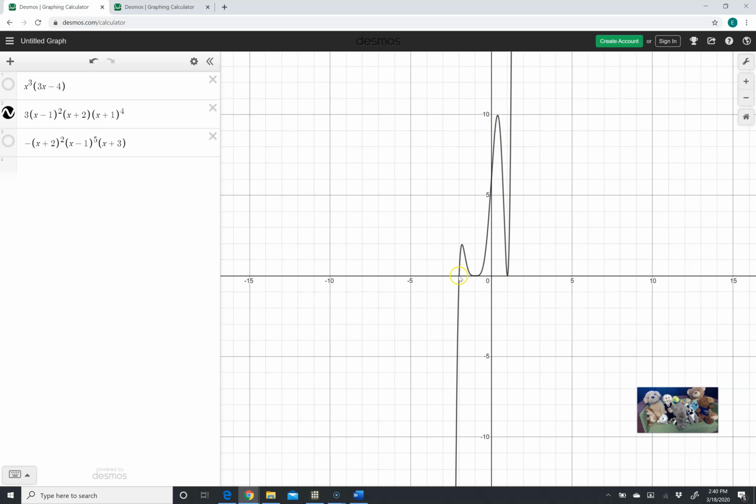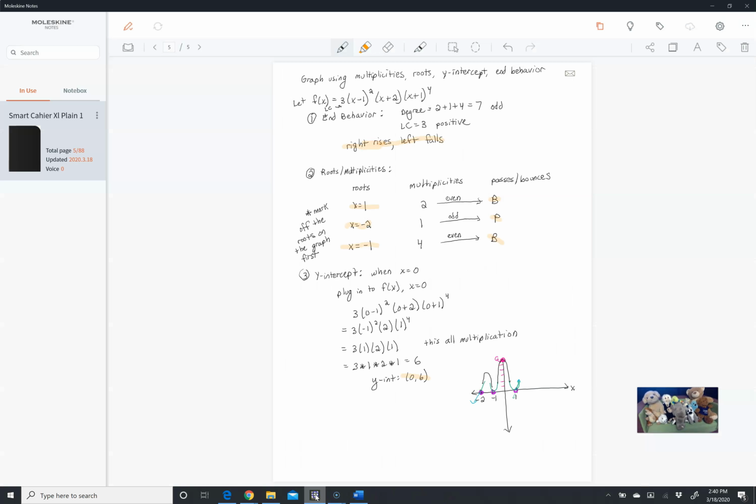We know that it had to turn around between -2 and -1. At -2 we passed through, at -1 we bounced, and at 1 we bounced. And we go off to positive infinity and negative infinity. So notice in the little sketch that we drew, we have arrows at the end.